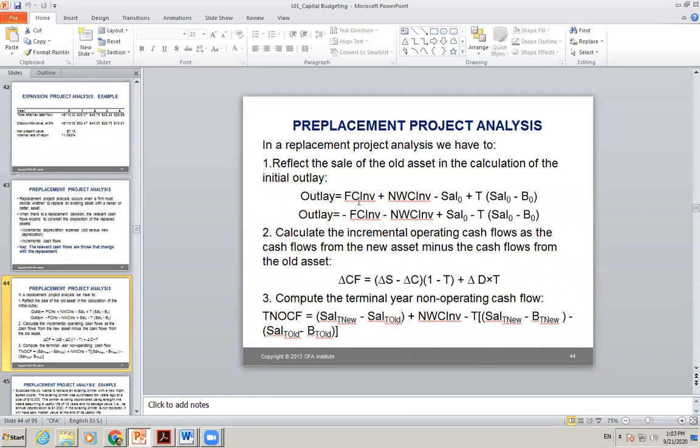As abbreviation, this FCInv stands for investment in fixed capital. Let me just write it down so you can be aware of it. I think you already know it, but there are some terminologies that you may not know. FCInv is investment in new fixed capital.